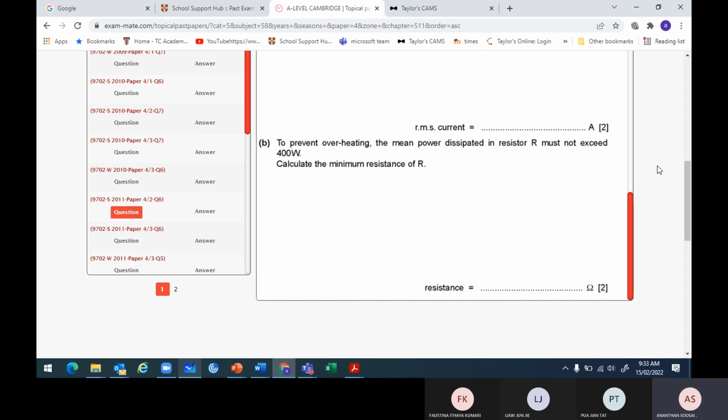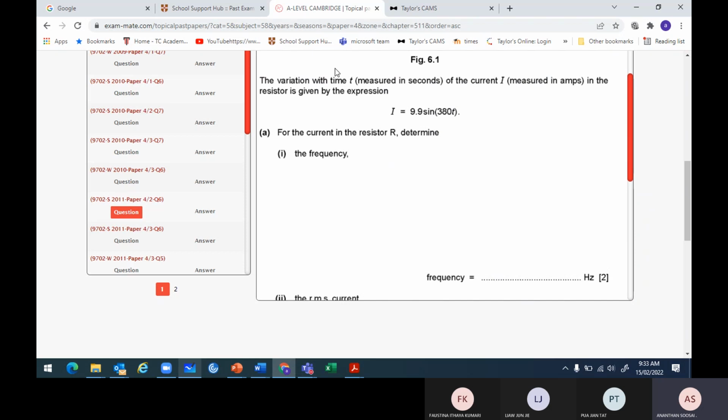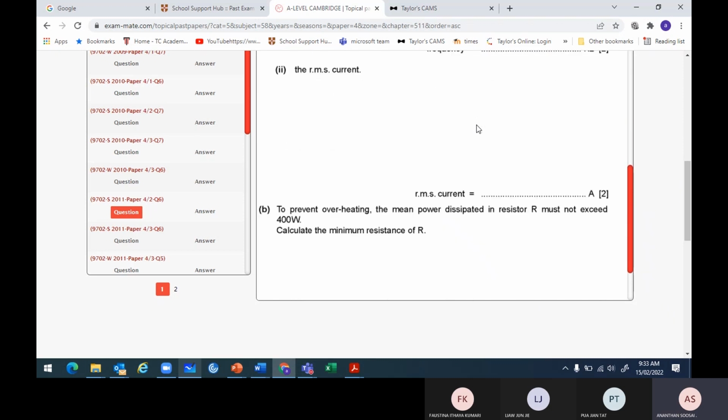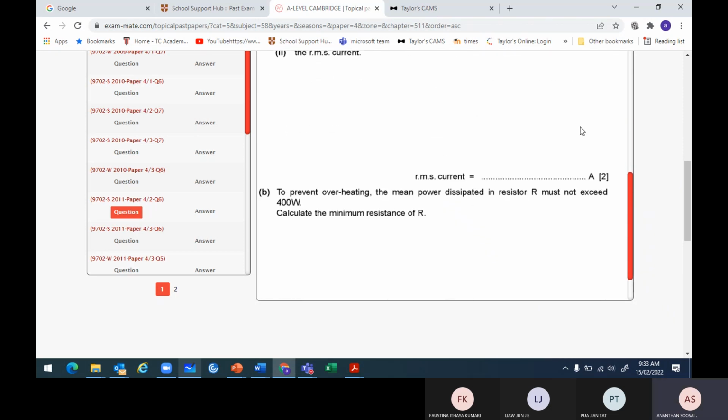So the equation given above is for what? Above is the current formula, 9.9 is the peak. The peak current is 9.9 ampere. So what formula do you use? Power equals to which formula is most suitable here?